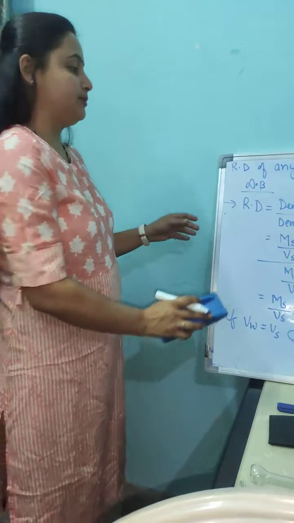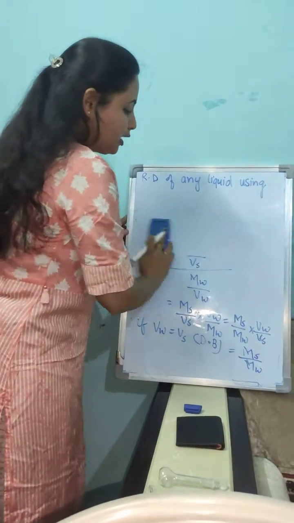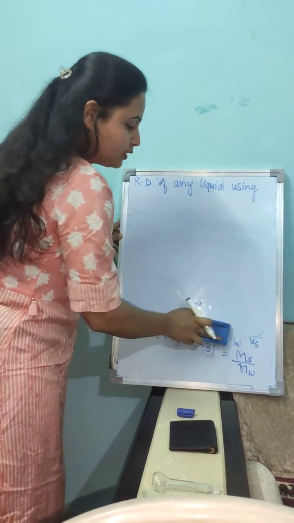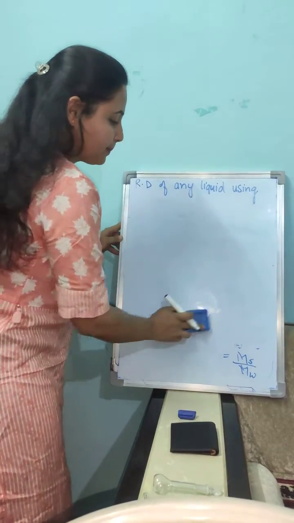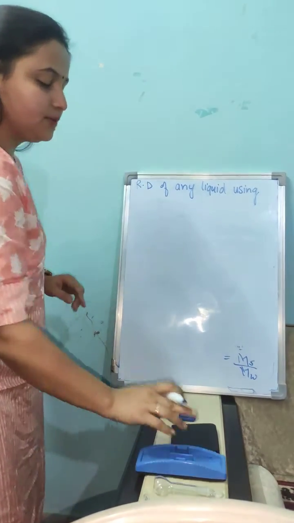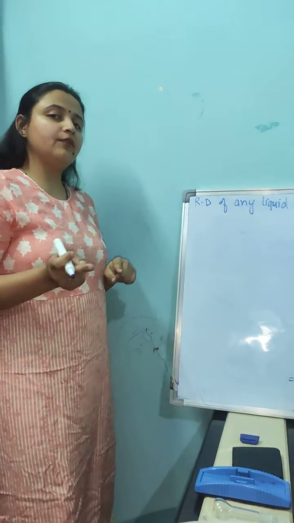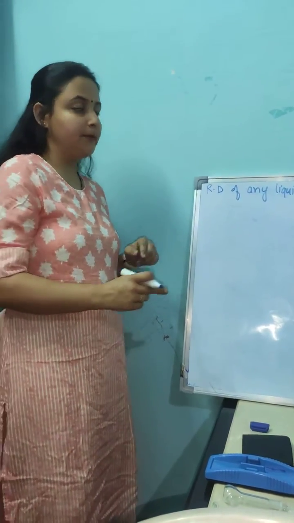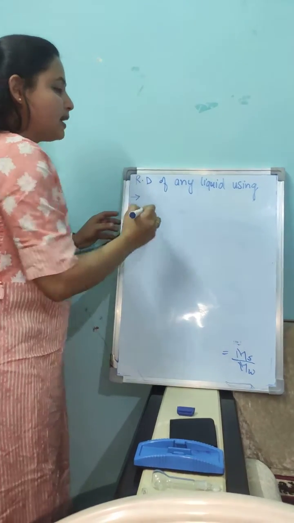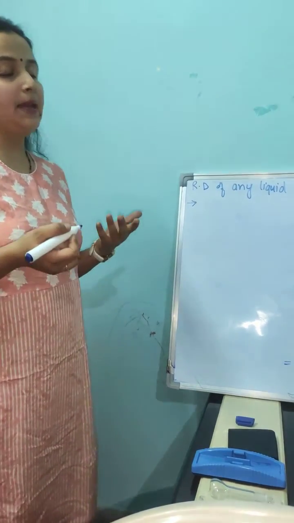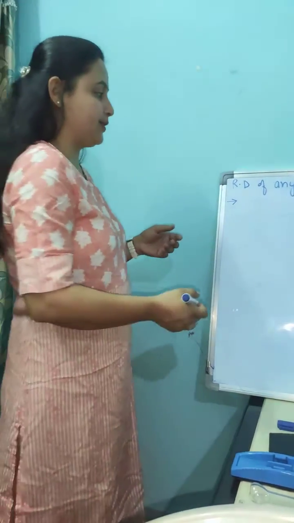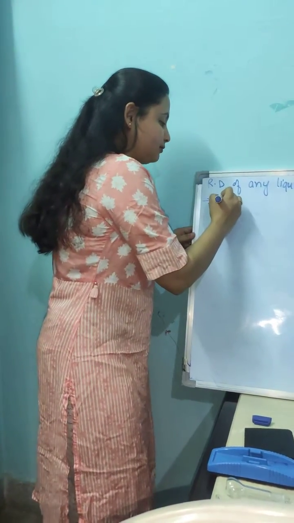Let us move forward. To do this activity, we will start with the same scenario that we have done earlier. First, I will measure the mass of the empty density bottle with the help of an electronic balance, beam balance or physical balance. So what is M1?